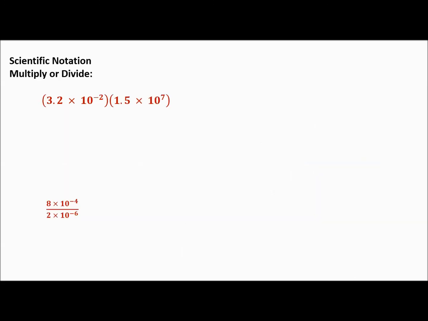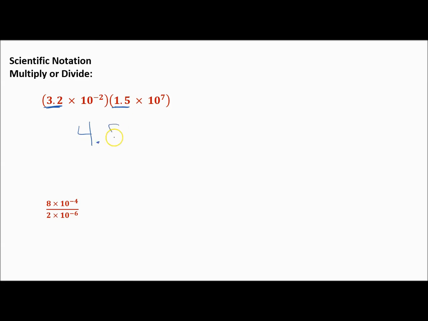Now, one thing really nifty about scientific notation is you can do calculations with scientific notation. You do not have to change it back to standard form. So if I do this problem, what I'm thinking about right here is I multiply 3.2 times 1.5. So I'm going to do that first. So 3.2 times 1.5 gives me 4.8.